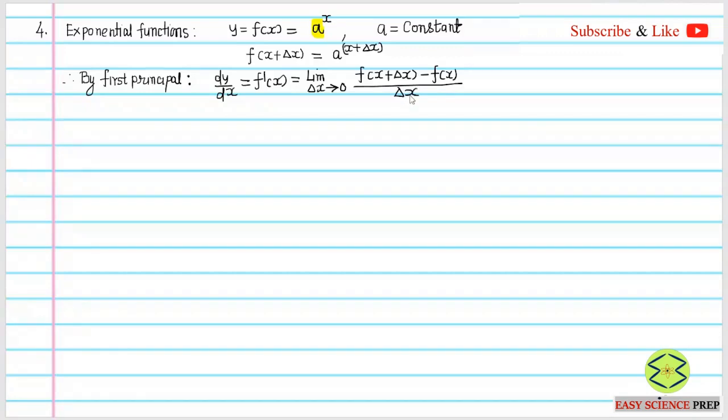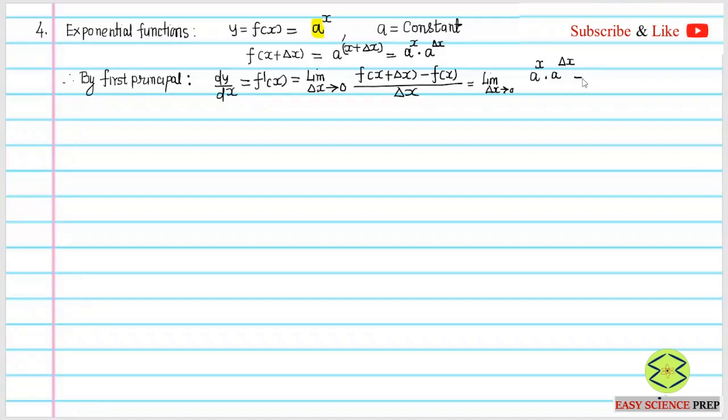So let's substitute the corresponding values. Limit delta x tends to 0. Now a raised to x plus delta x, by using the indices rule, can be written as a raised to x times a raised to delta x. Both are the same thing, but I would prefer writing a raised to x times a raised to delta x, so it will be easy for us to deal with it.